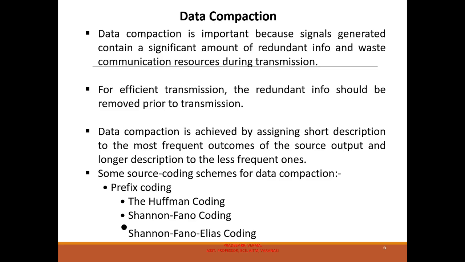So here we will be studying some techniques that use data compaction, and they will remove the redundancies, and then we will transmit it further for modulation, and then channel encoding, and then it could be transmitted over a channel.